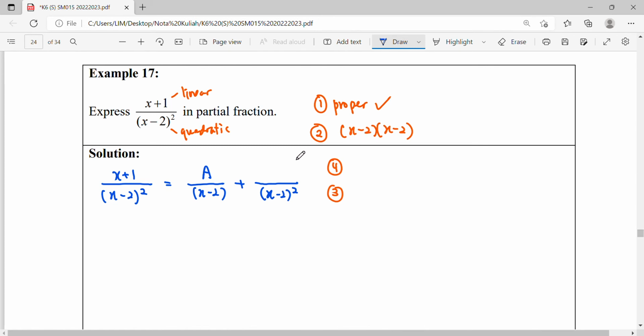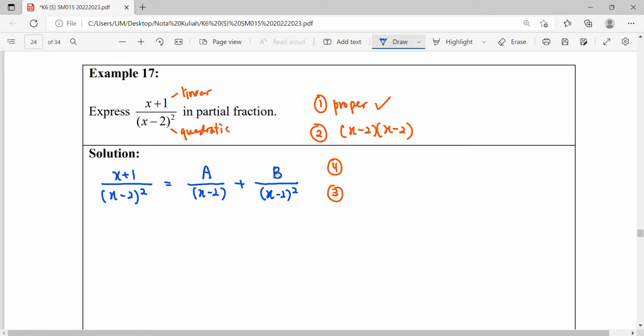So for a factor repeating twice, we consider what is inside the bracket, a linear factor. For the numerator, we have to find something smaller than linear, so it will be a constant B.